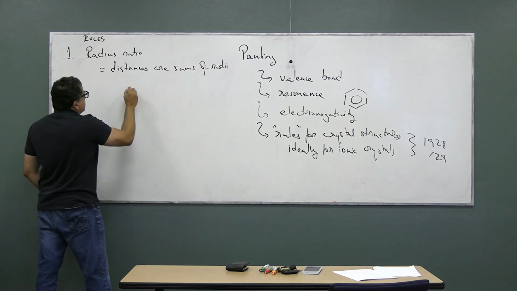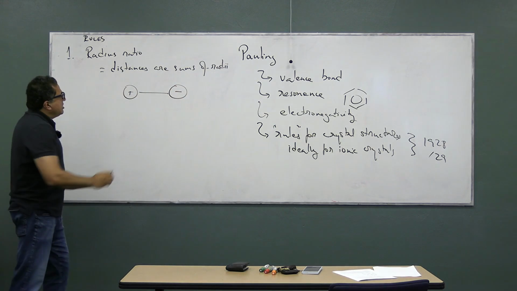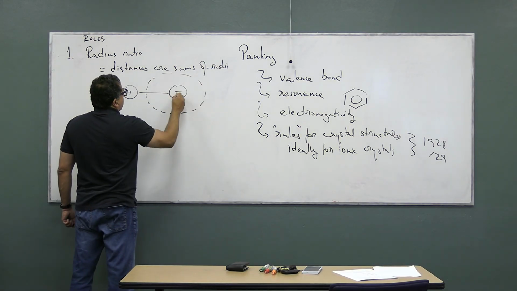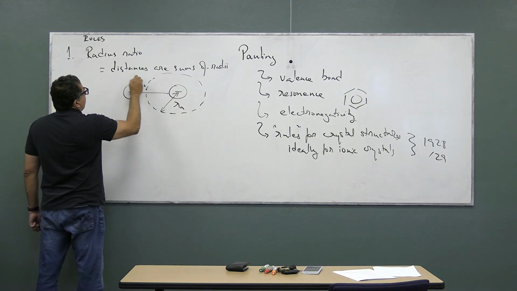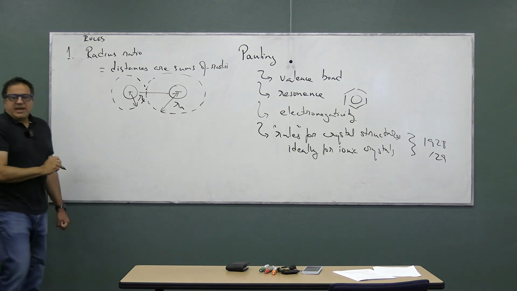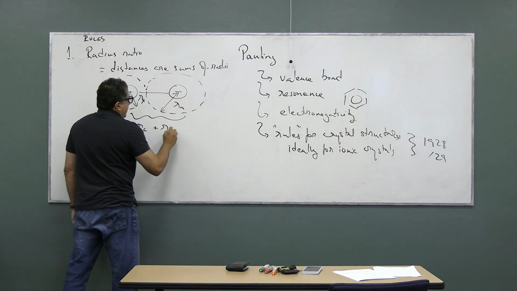If you have a cation and an anion, you have an anion radius and a cation radius, right? The distance is RC plus RA.